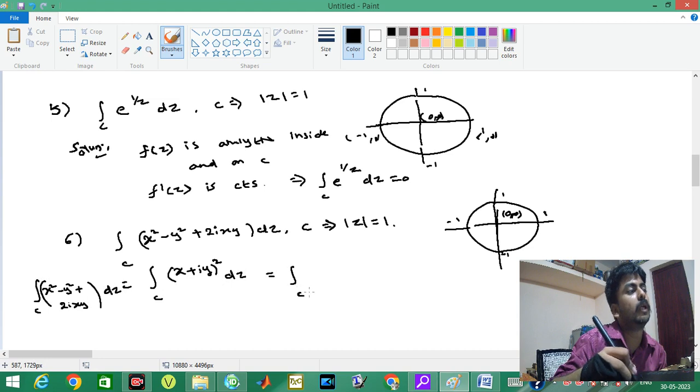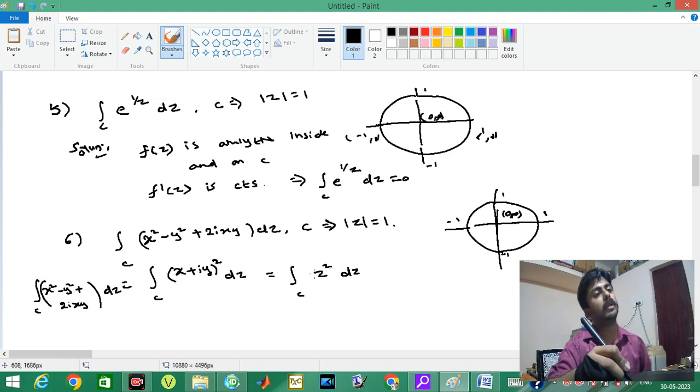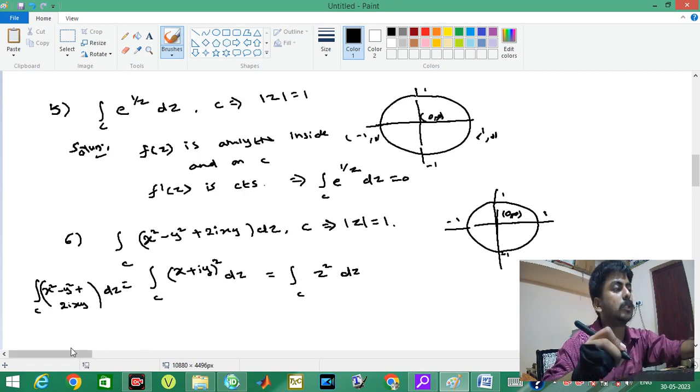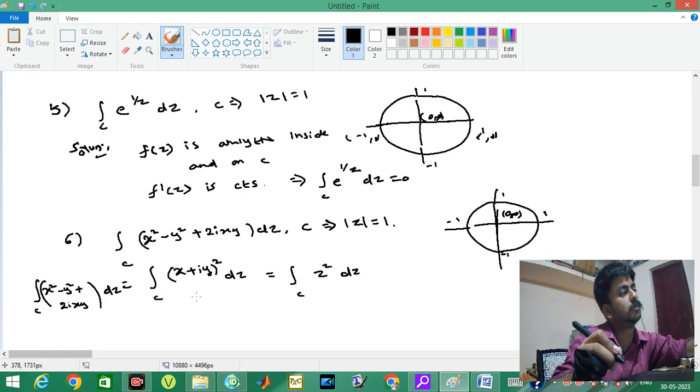That is equal to the integral over C of z square dz. Okay, now since we are having the integral over C of z square dz, there is no denominator here, so f of z is analytic everywhere.